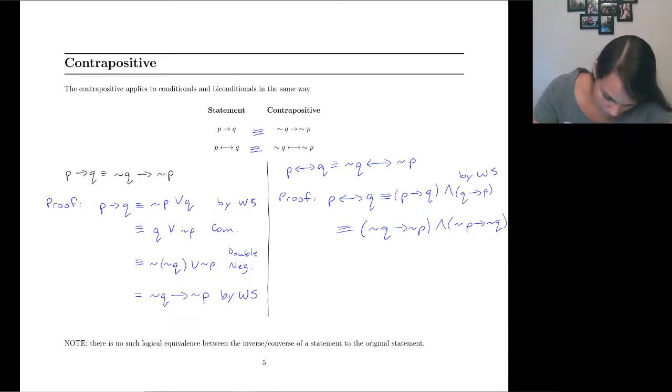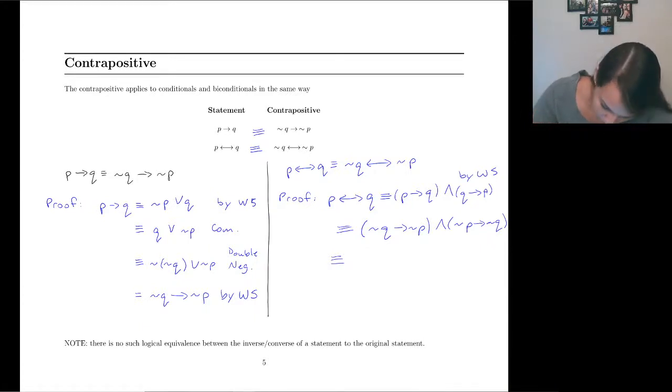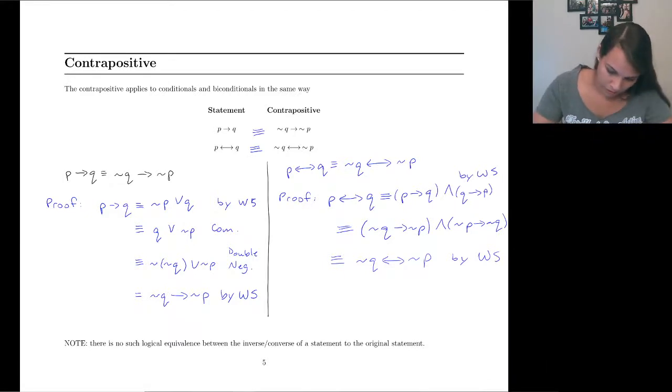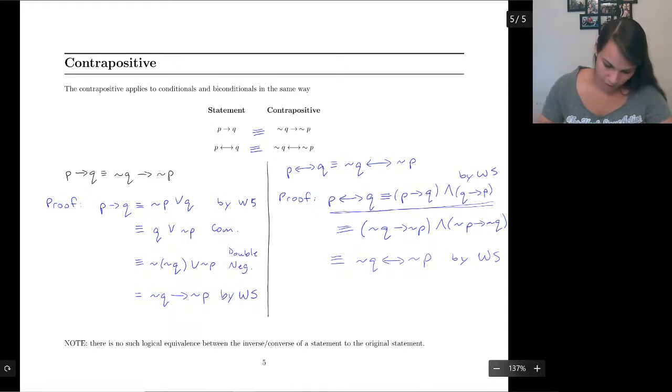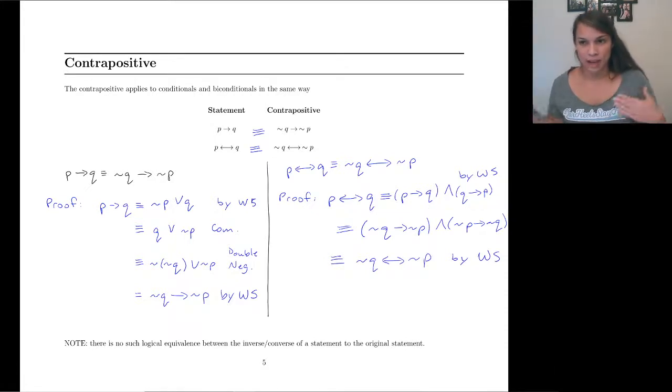And then we just use the fact that it's an and symbol and we recombine. So not Q if and only if not P, by worksheet, where we use basically just that again. There we go. Contrapositive is actually just another way to say the same statement, logically at least.